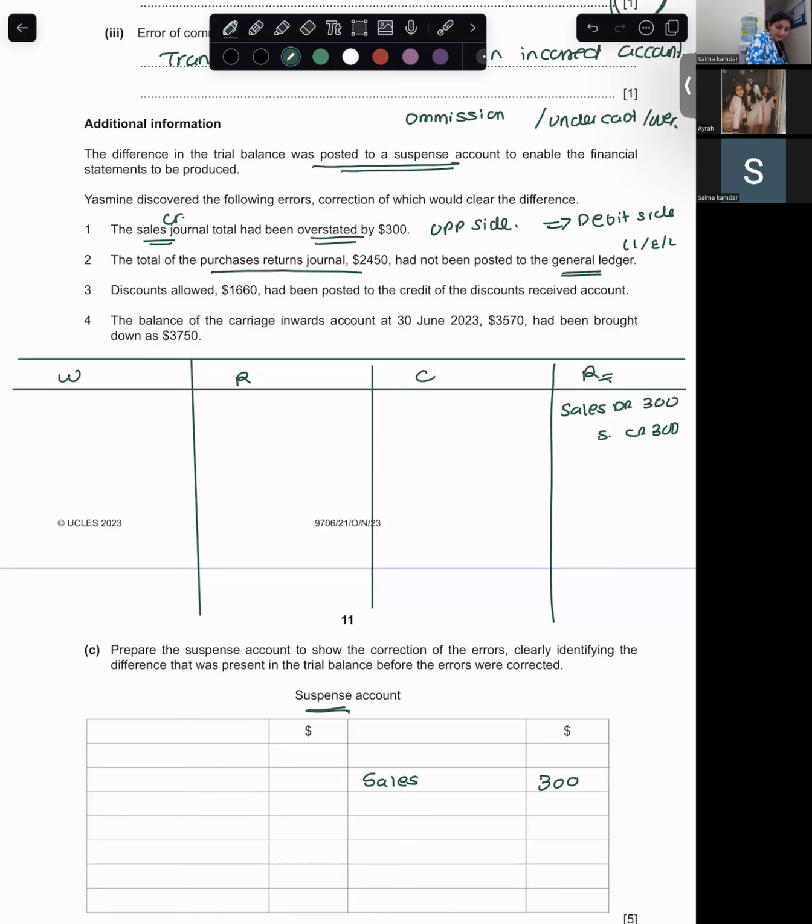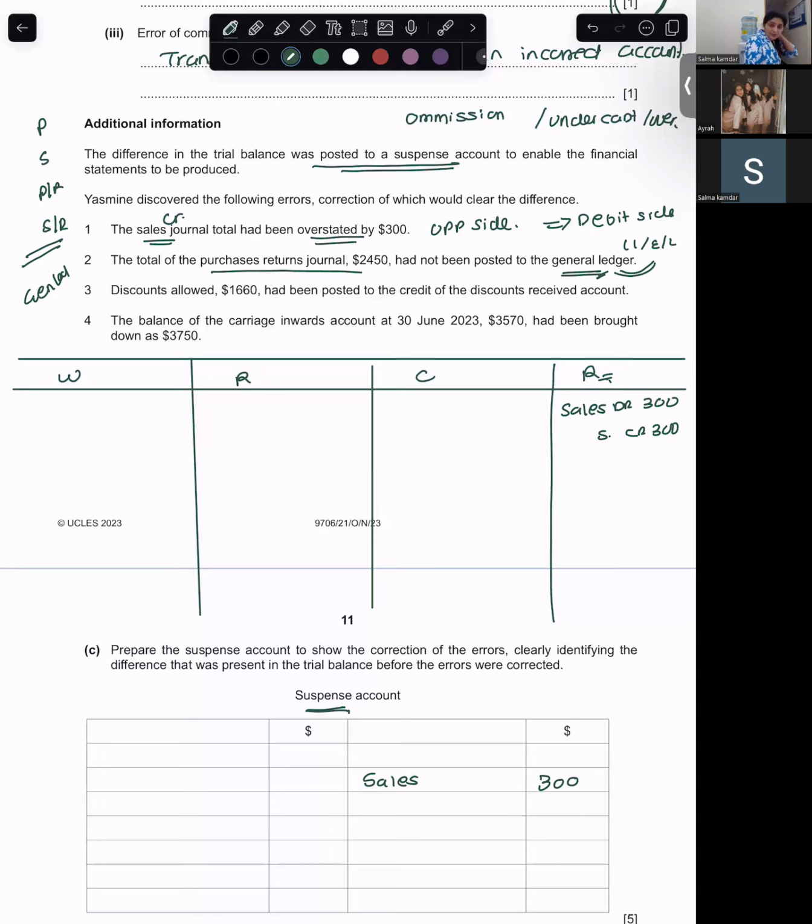So it's an error of partial omission. You've not put it in the purchase return account. Sales return and all this come in which ledger? General ledger. So in the purchase return account, you've not put that 2450.